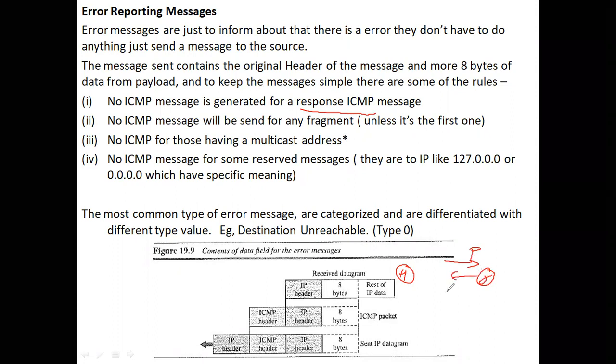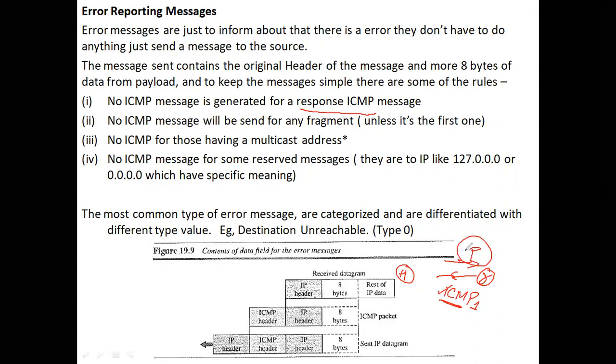If I send a response, let's say ICMP 1, that packet is just telling that the packet P has been lost around this router. If this message itself is missing, I cannot send back another message saying that the error message has failed. So the error message will not get an ICMP, only the packet, and that too only once.